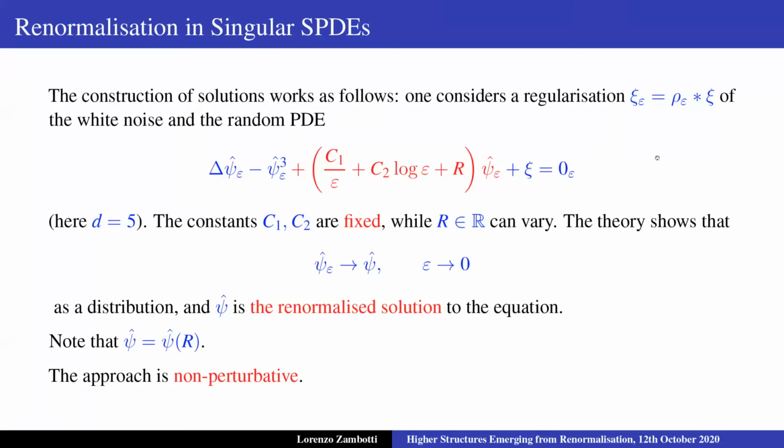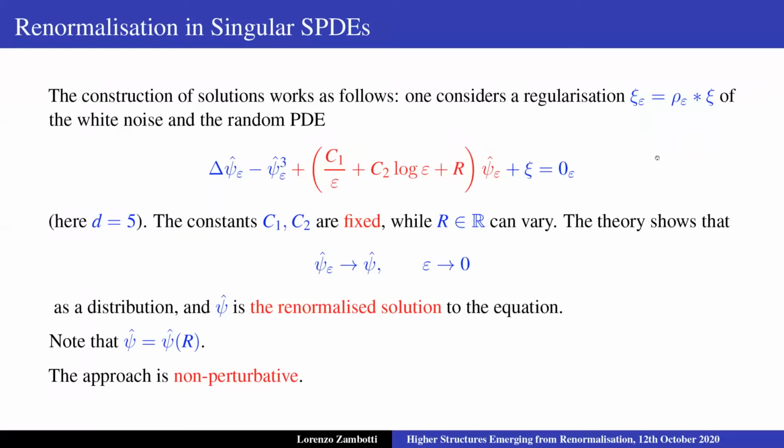Maybe this could be R epsilon, which converges anyway to a finite value. I don't know, maybe this does not shock the audience today, that you have to renormalize your equation in order to have a convergent family. So anyway, this is the case. If you don't put this red term, you will not have a convergent object.